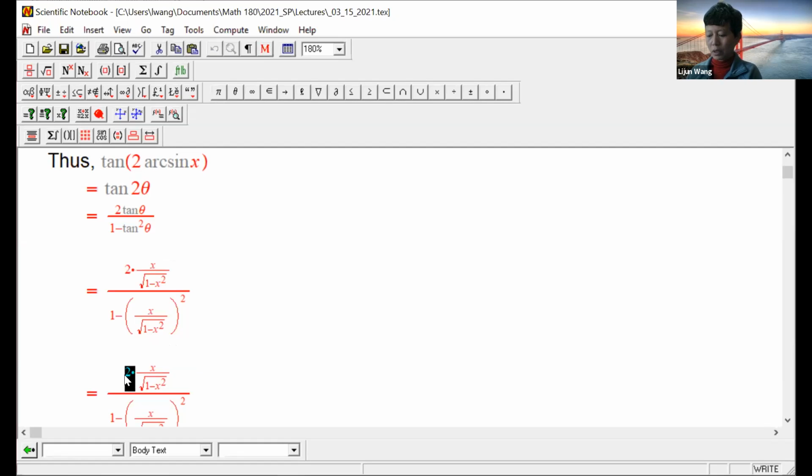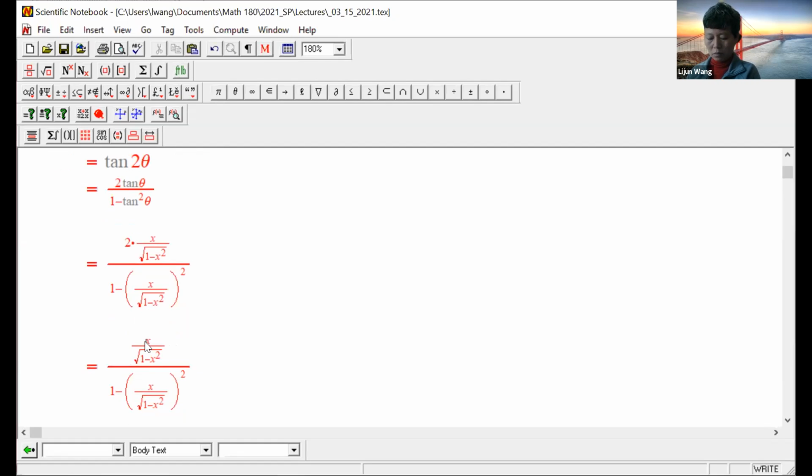So this will be 2 times x, 2x over here. This square is going to go to x squared. This is gone. And this root will be gone.